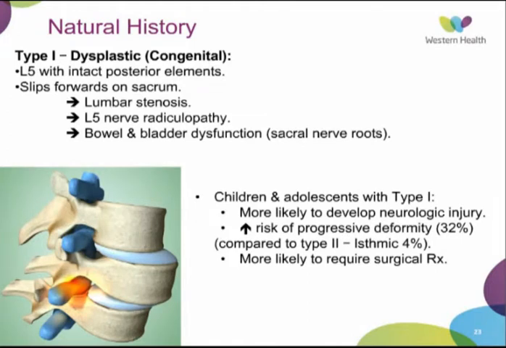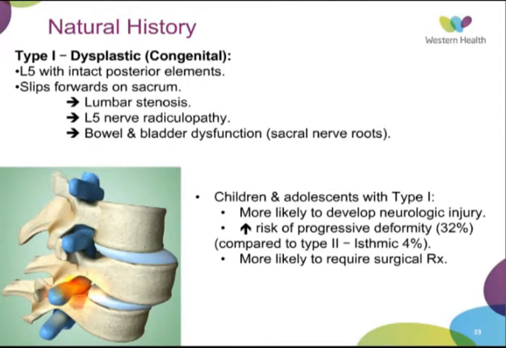Now, when you have forward slippage of one vertebral body on the other, it'll bring along the posterior elements as well, hence can cause compression to the exiting nerve roots. And you can end up with a radiculopathy. You can also have bowel or bladder dysfunction from the sacral nerve roots.